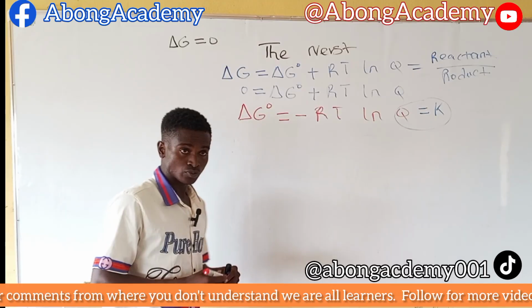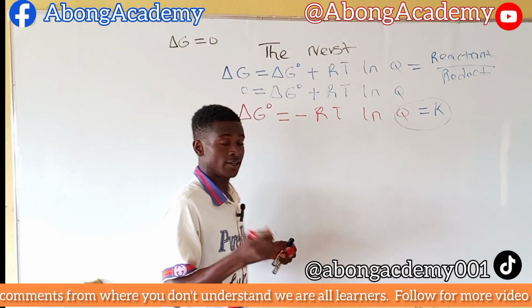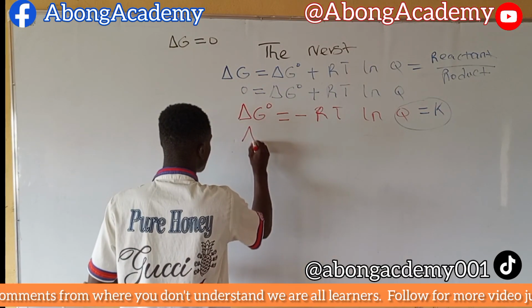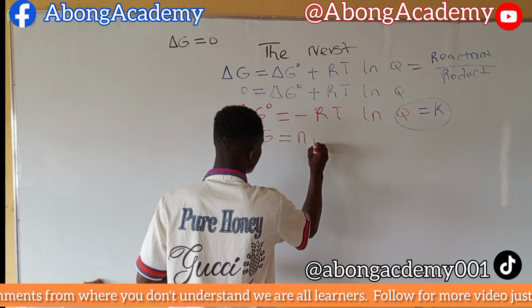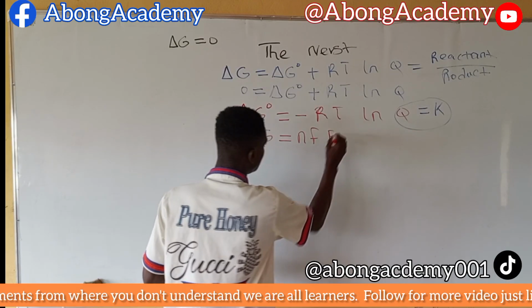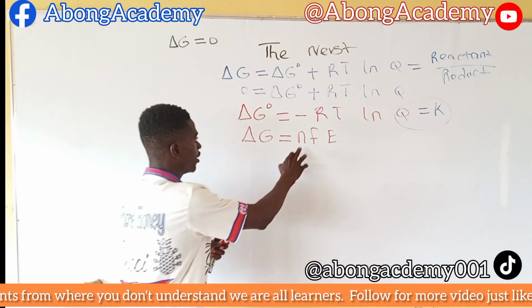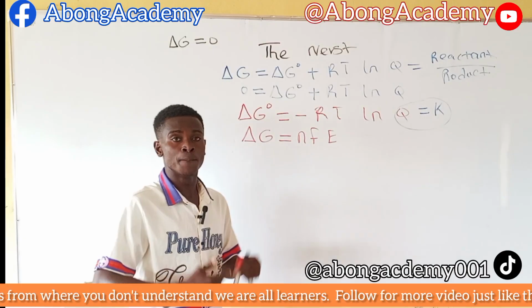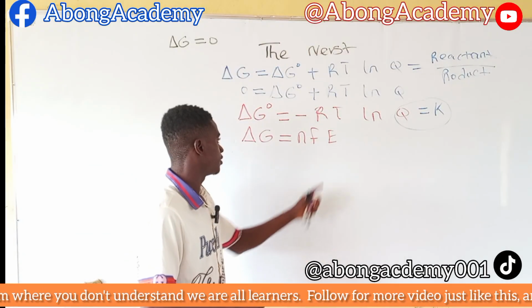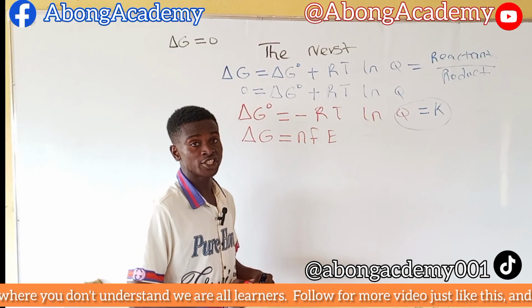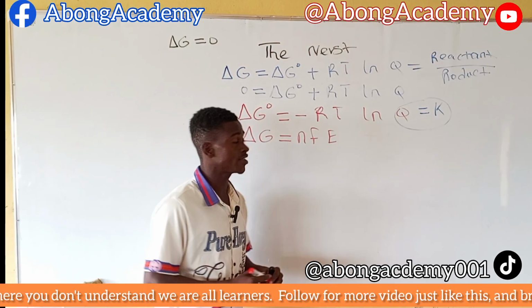And now, what we are going to do next is delta G is equal to minus nFE. The n is the number of moles of electrons, the F is the Faraday's constant, and the E is the potential difference of the electrochemical cell.